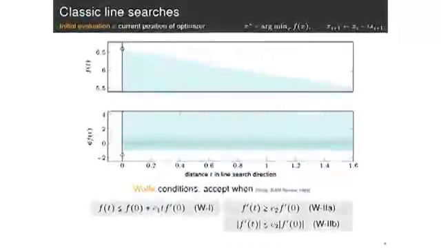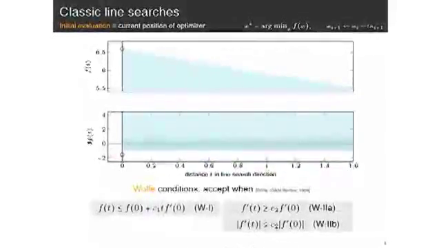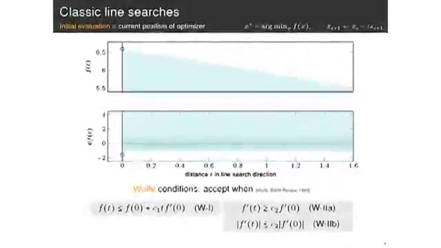Now, acceptability of a point is encoded in two inequalities called Wolfe conditions. They're written on the bottom of the slide, and they monitor the decay. So the first Wolfe condition on the bottom left, labeled W1, imposes linear decay on the function values, and the second Wolfe condition on the bottom right exists in two versions, a weak and a strong one.